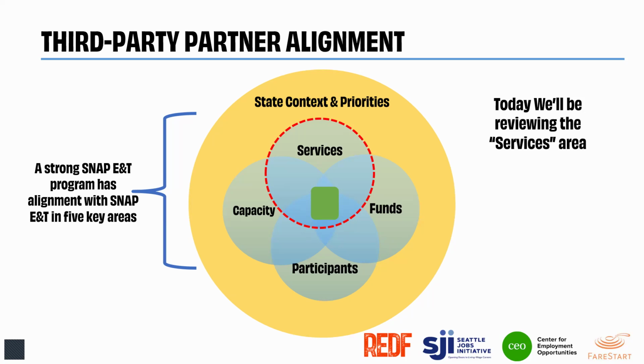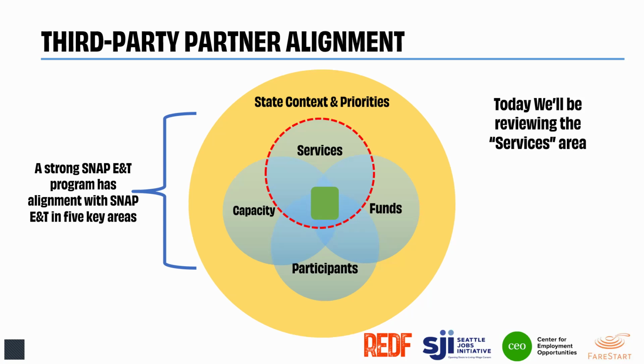Today, we're going to focus in on services. And you'll also notice there's a little green box in the middle of all three of those circles. That's where you'll find your best opportunity to get the most out of a SNAP employment and training program when all of these key areas really come together.